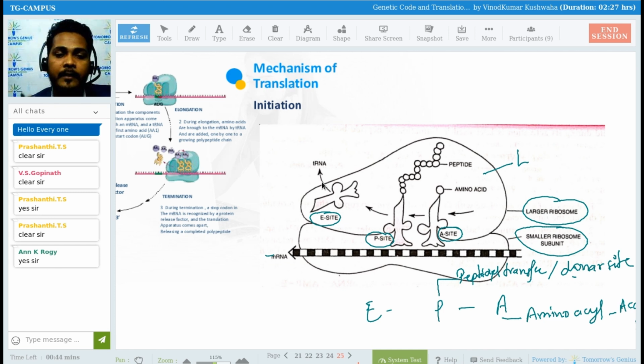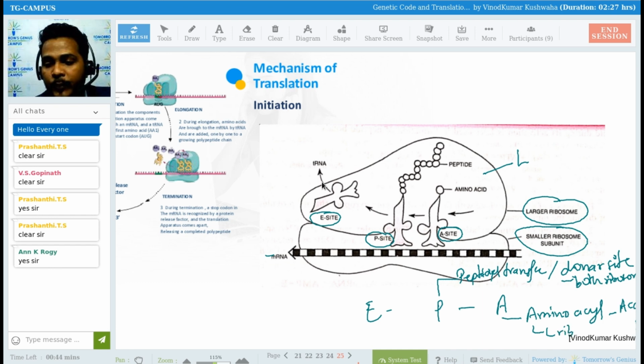Then this A site is situated on the larger subunit of the ribosome. It is not shared by both subunits, it is only on the larger ribosome subunit.